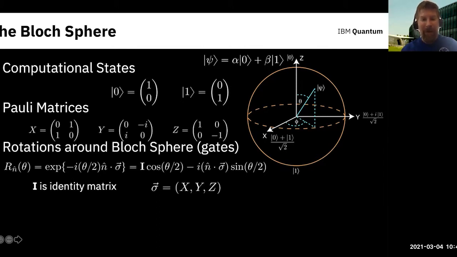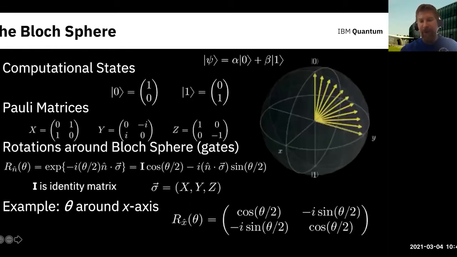But then you can write it down in a nice little form right here, where you have the identity matrix times cosine of theta over 2 minus i times the Pauli contribution times sine of theta over 2. If you actually write it out, it gives you a really easy way to do the math. So for example, a unitary that represents an x rotation by an angle of phi is going to be given by this matrix right here.